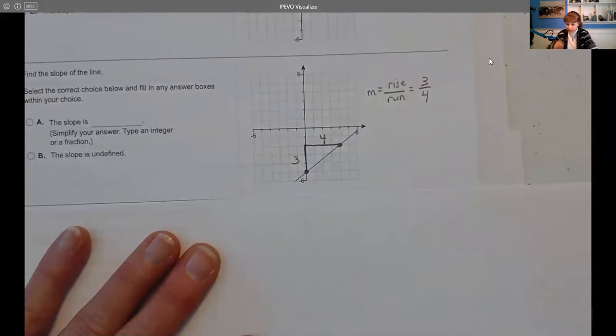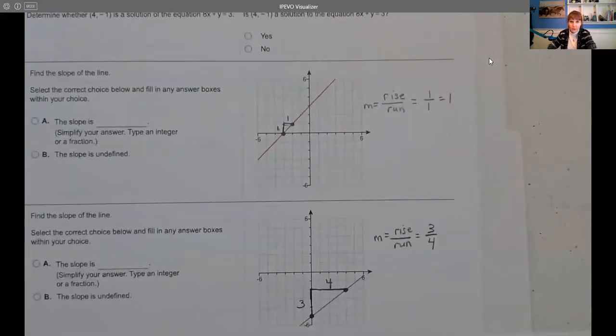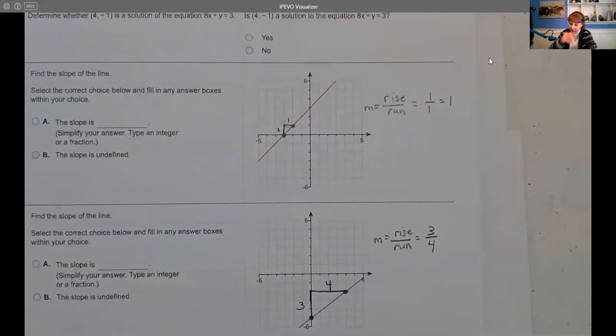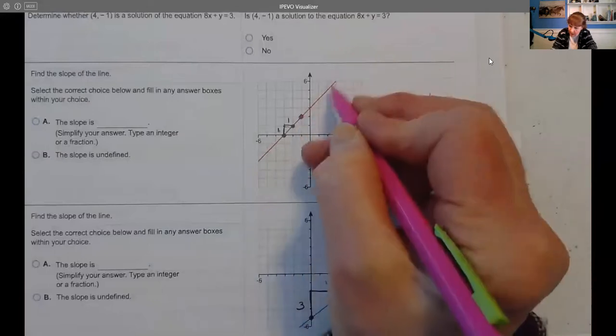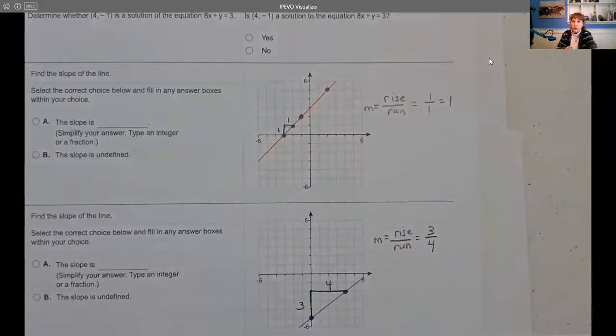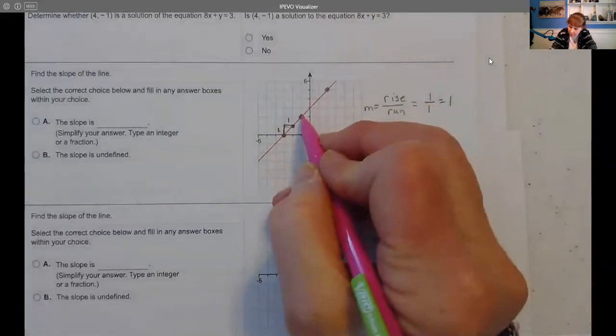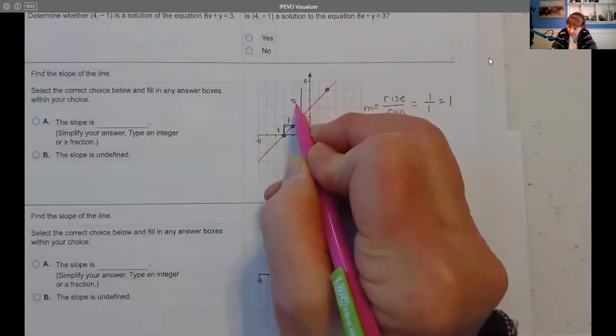Now, let's back up here. I did tell you on this one, what happens if you didn't exactly choose those points I did? What happens if you chose this point and one way up here? Okay, those are legit points. They're crossing the grids at those points. So we do the rise, 1, 2, 3.